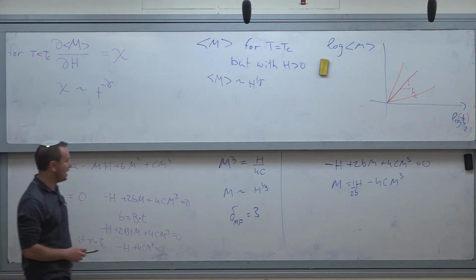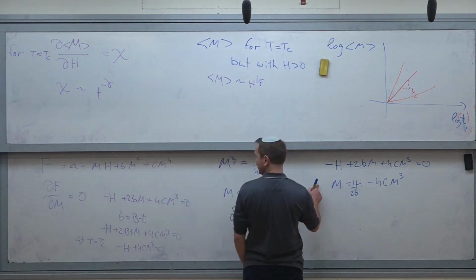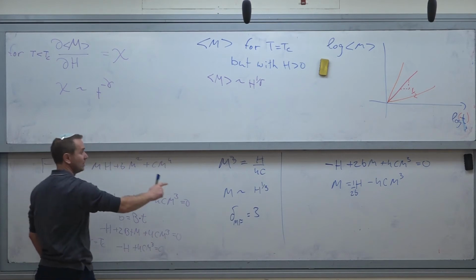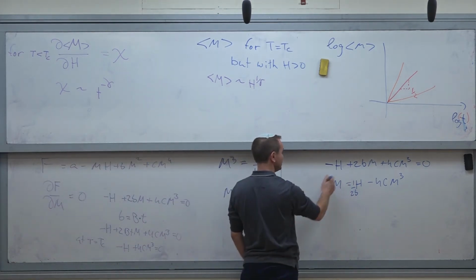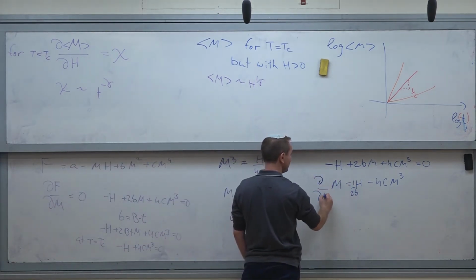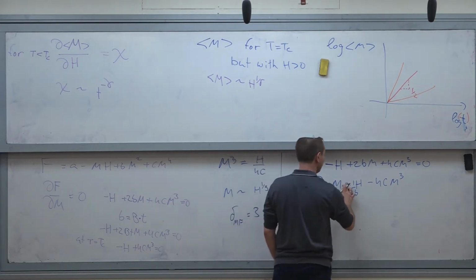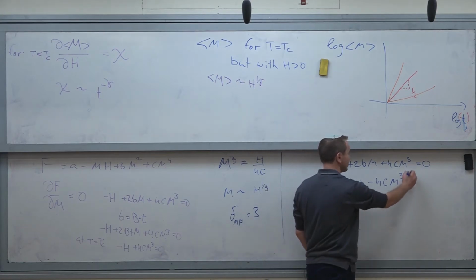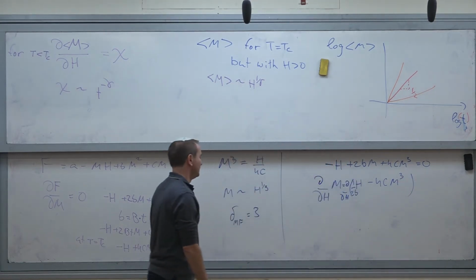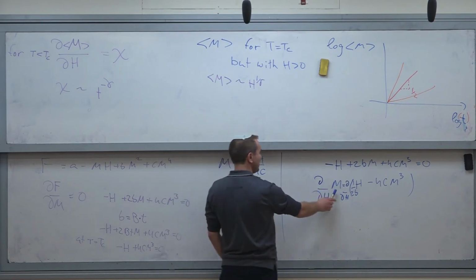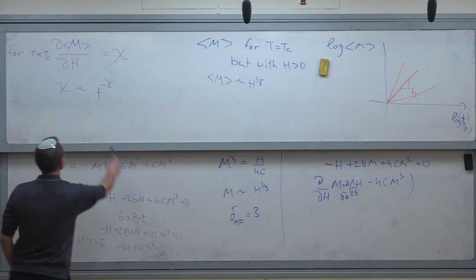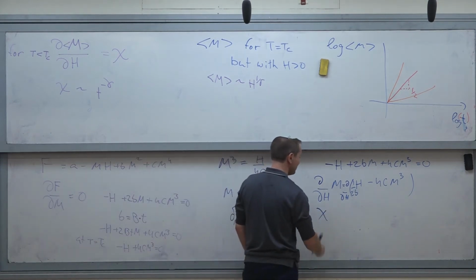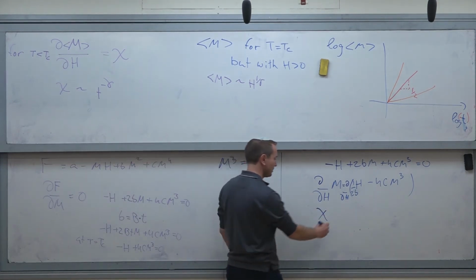So let's take a derivative with respect to h of those two, d over dh of the left hand side equals d over dh of the right hand side. d over dh of m is this, our susceptibility xi. So we have this on the left hand side.